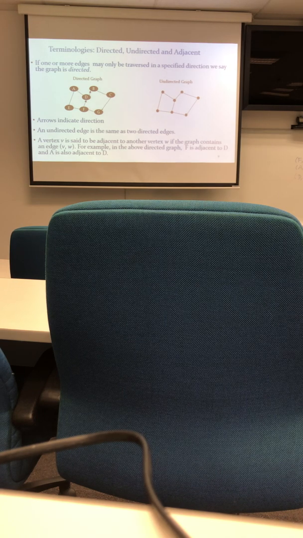So according to this definition, F is adjacent to D, and A is also adjacent to D, since there's an edge from A to D. Because we have this, we have this. So F is adjacent to D, and A is also adjacent to D.